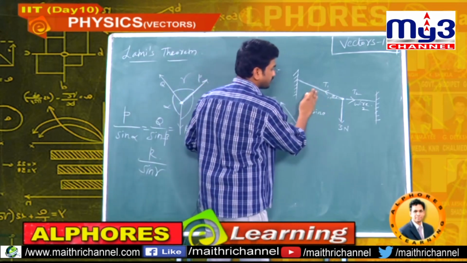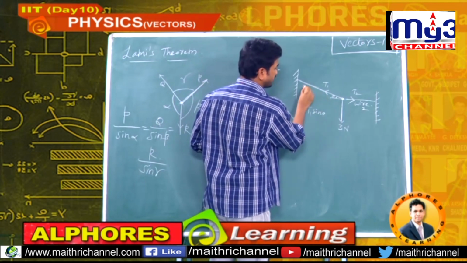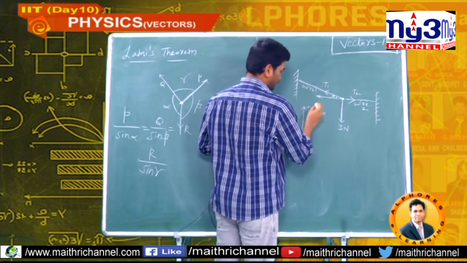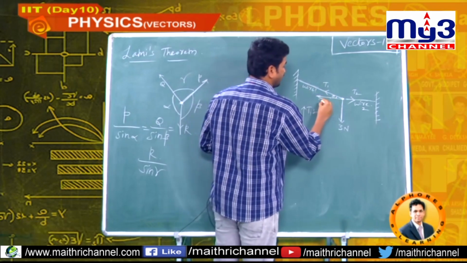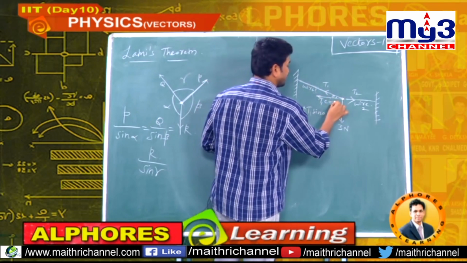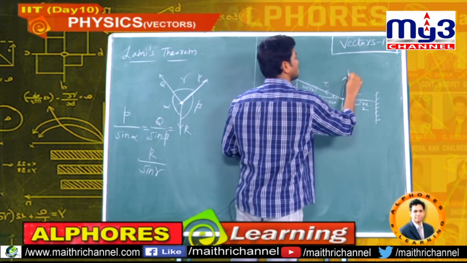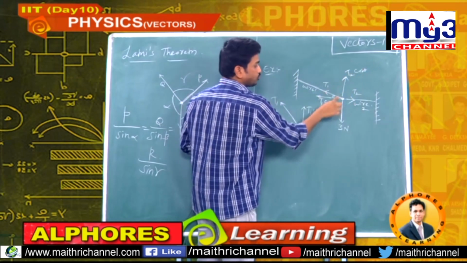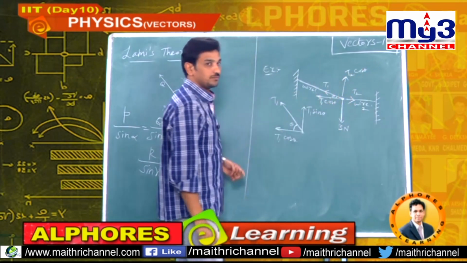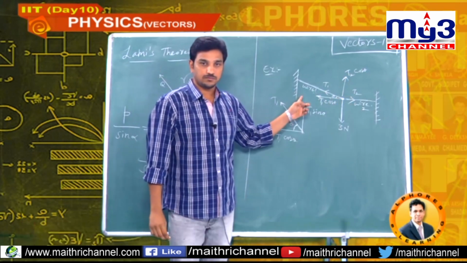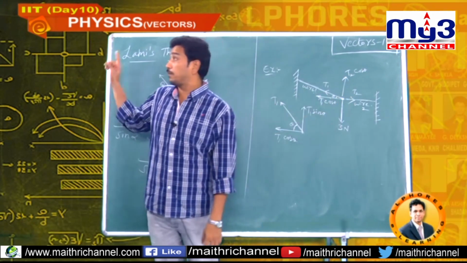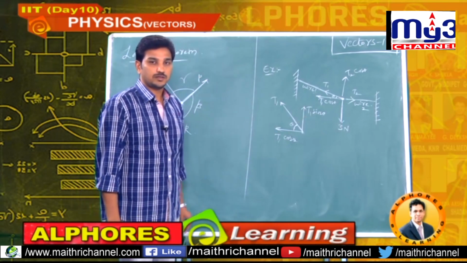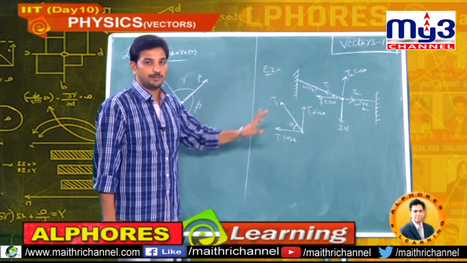Now for our convenience I will write y1 here. What about this? T1 cos theta. What about this? T2 cos theta. If these two are equal, then we know it is in equilibrium. When we apply Lami's theorem, we should always remember that the particle should be in equilibrium.